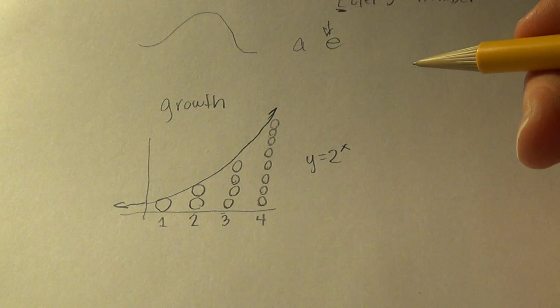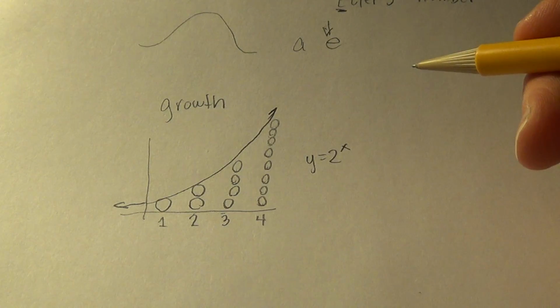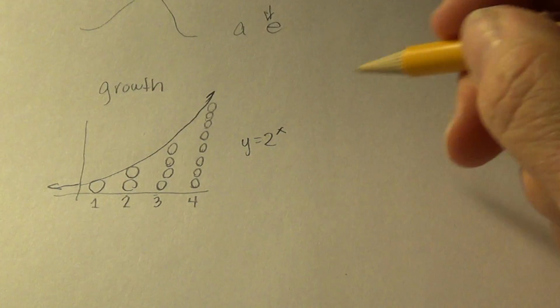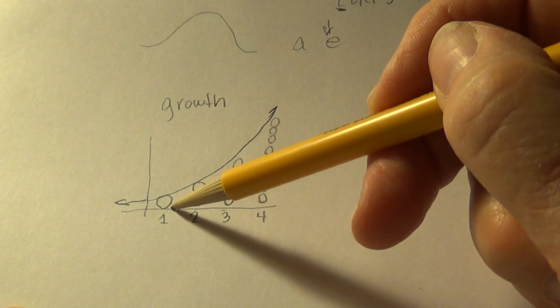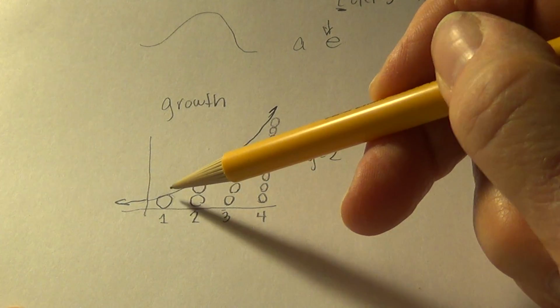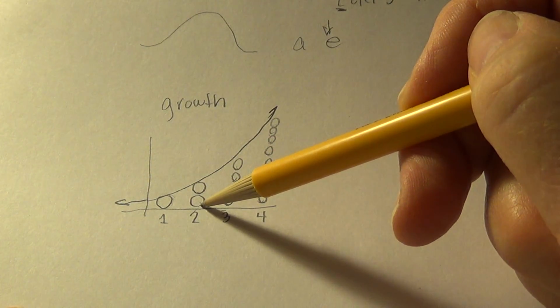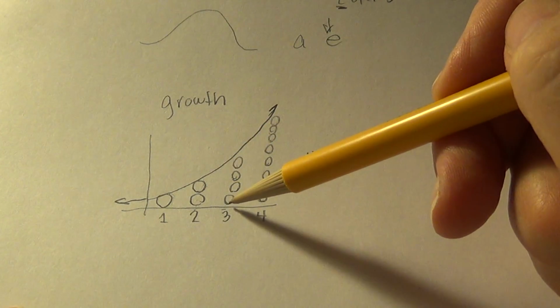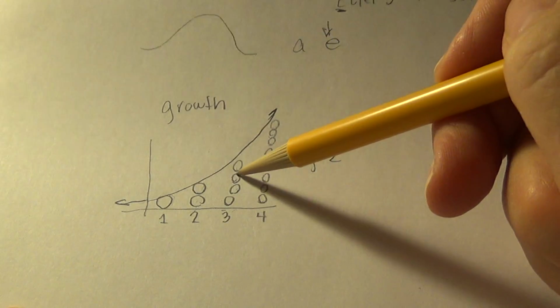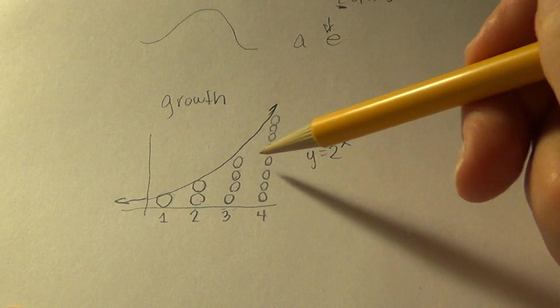So what about a different kind of growth? And this growth isn't very natural. It's sort of like there's one amount of money, and at the end of 2 years, pop, it turns into double. And then at the end of the next year, it pops, and it turns into 4, and it pops.